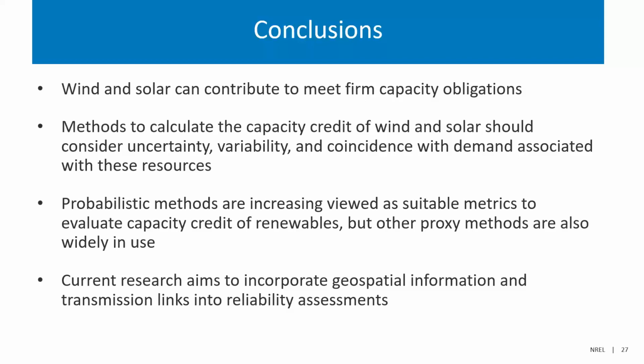Although a lot of approximation-based methods are being used by system operators, probabilistic methods are becoming more popular because they could take into consideration more aspects, such as transmission. And also there is a lot of research going on the best methods to model transmission and to also look at the impact of different regions on each other.